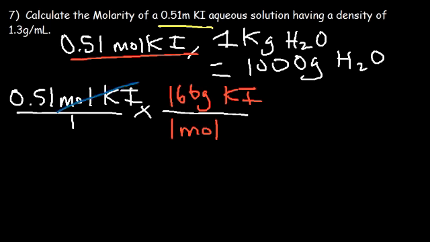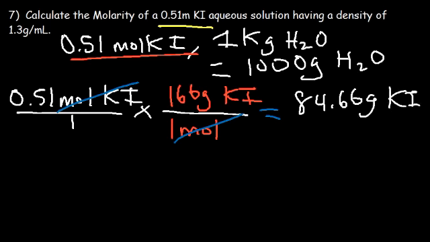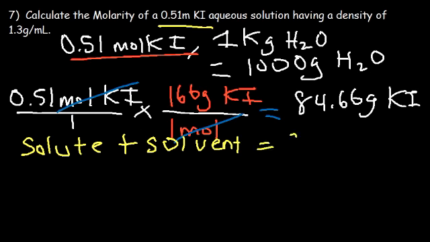So the units moles of KI cancel. And so 166 times 0.51 is equal to about 84.66 grams of solute.